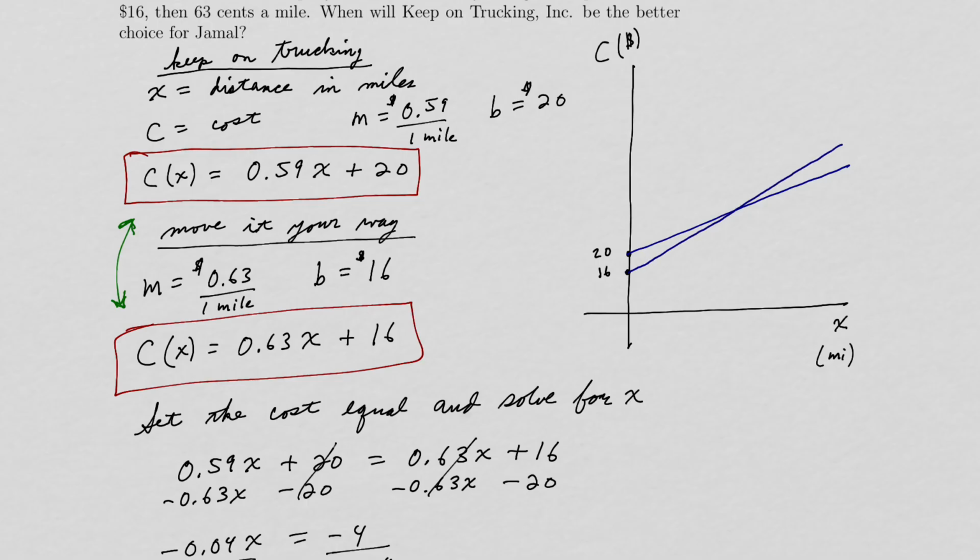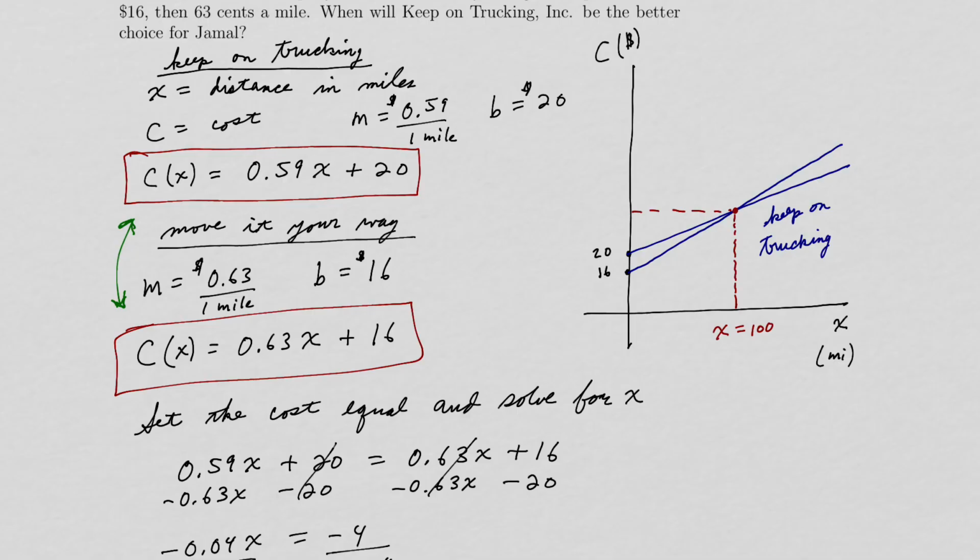So the question is, where do these cross? Well, they're going to cross, and we just figured this out. Remember, we set the cost equal at that point. They cross when x is equal to 100 miles. That's what we just solved. So notice after 100 miles, Keep On Trucking is going to be cheaper, because these values here are less than these values.